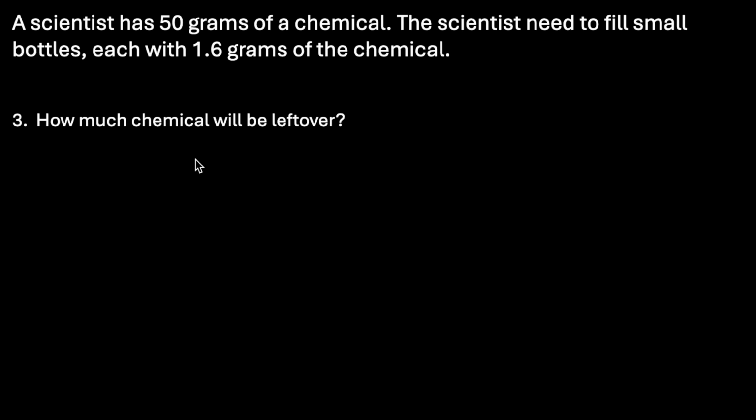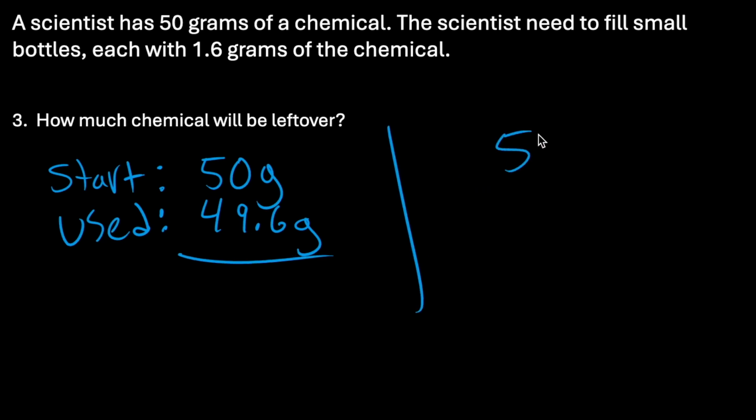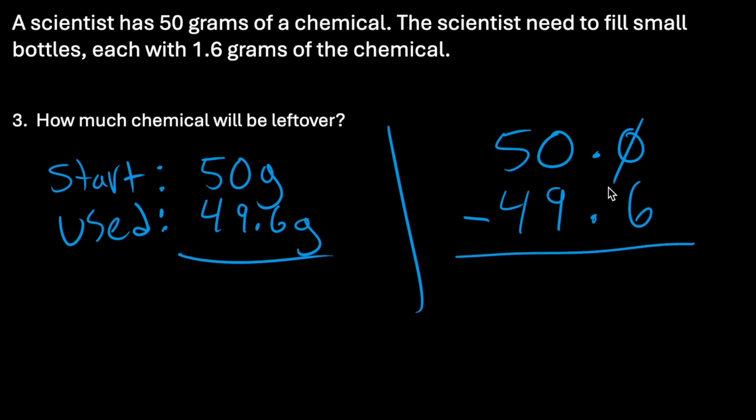Now, how much chemical was left over? So going back, we started with 50 grams and used 49.6 grams, and we just need to subtract. 50.0 minus 49.6. 0 minus 6, we need to borrow from the 0 next to it.